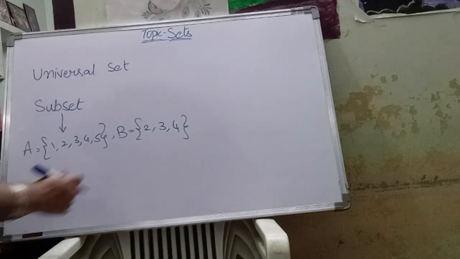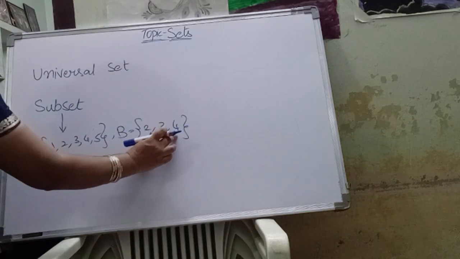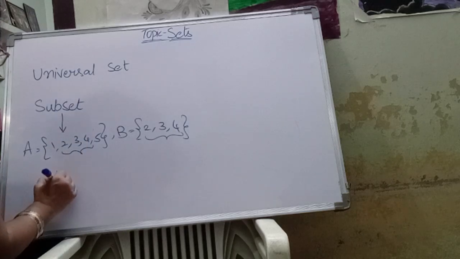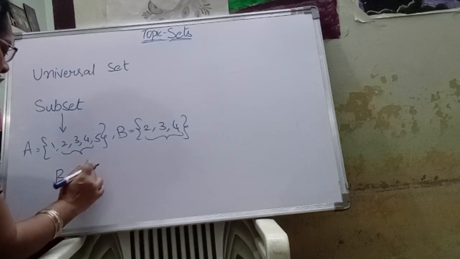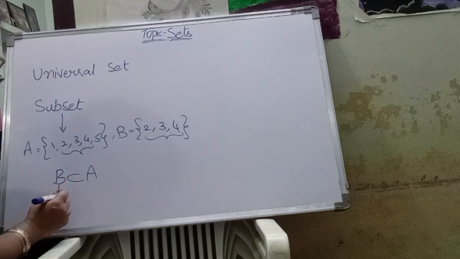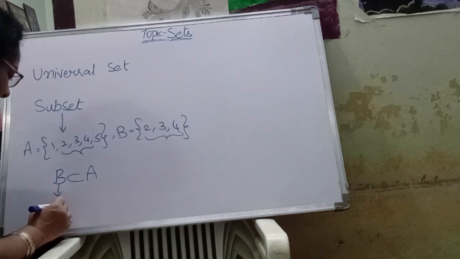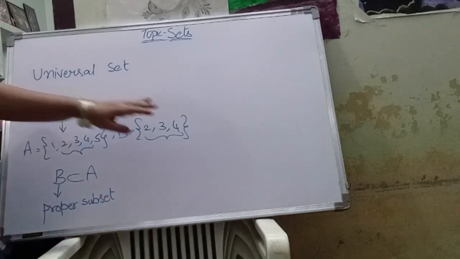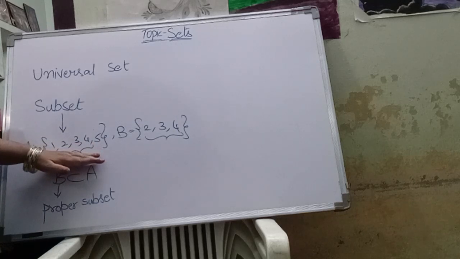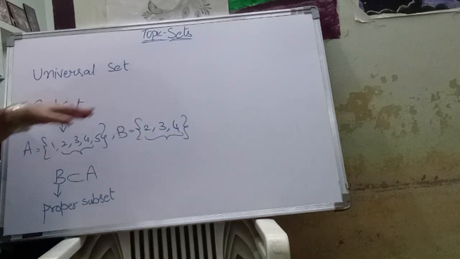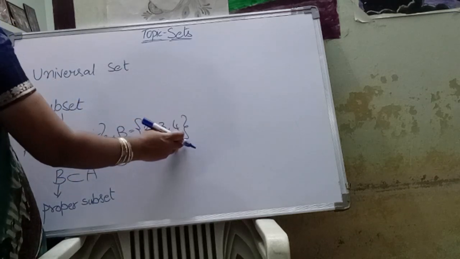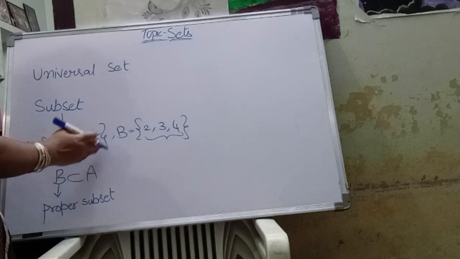Now if you observe the elements in A and elements in B, whatever the elements you have in B, all are there in A. So we can write in this way, B is subset to A. Now B can be said to be a proper subset, because whatever the elements in B are there in A. In B, whatever the elements you have, 2, 3, 4, are there in A. No other elements are there in B which are not in A.